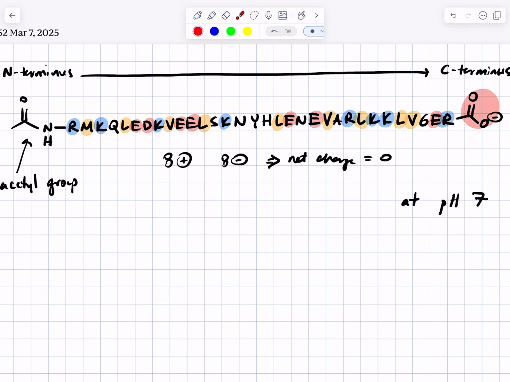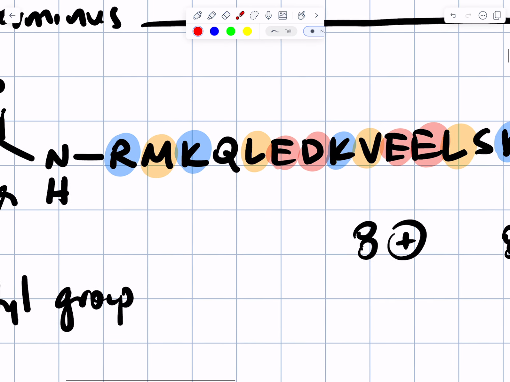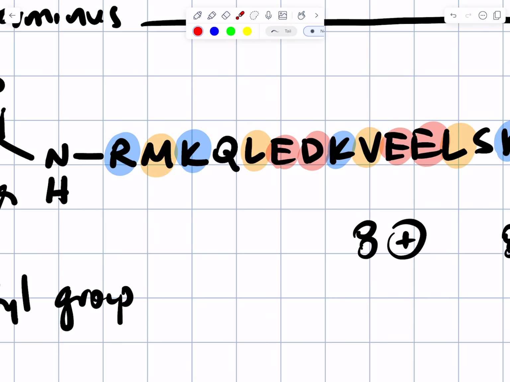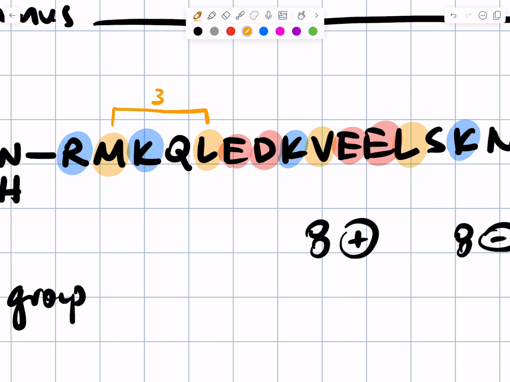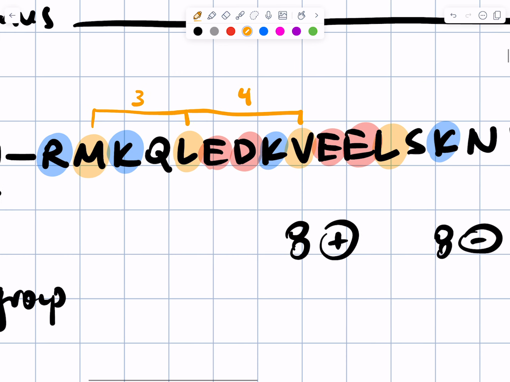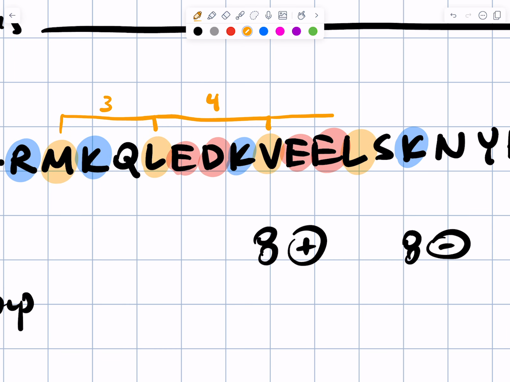But there is a pattern, and if we zoom in on just the first part of the sequence, one of the things you notice is that the nonpolar amino acid M is 3 spaces away from the nonpolar amino acid L. And then the next spacing between L and the next nonpolar amino acid is 4. 3 and then 4, and then there's another nonpolar amino acid at 3.